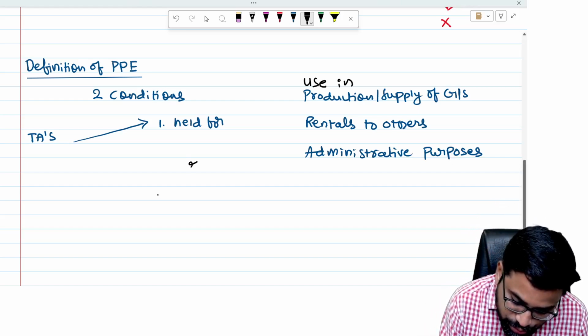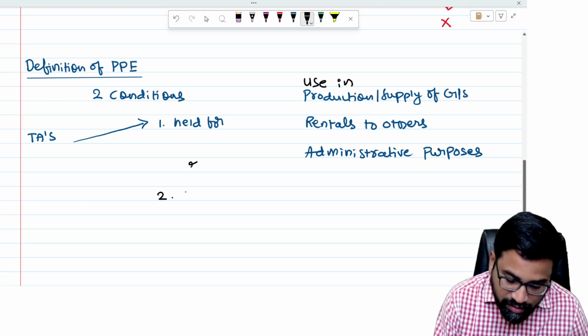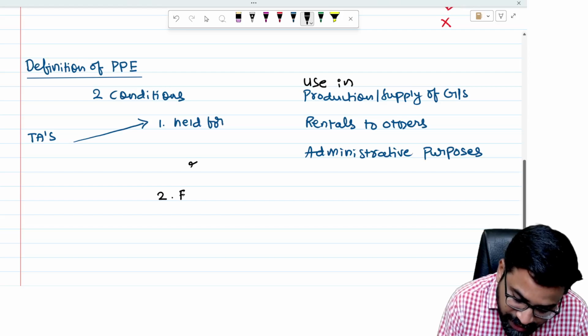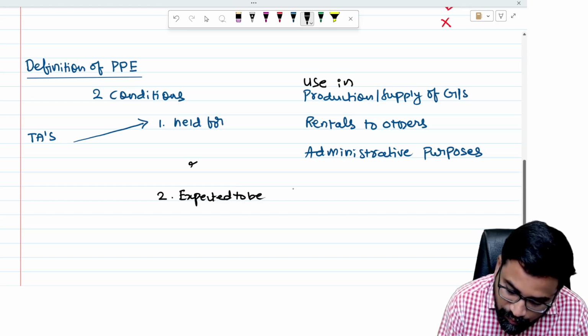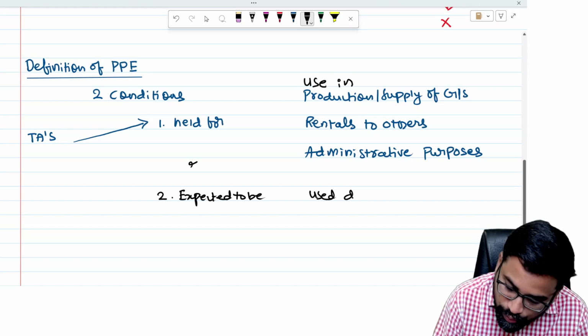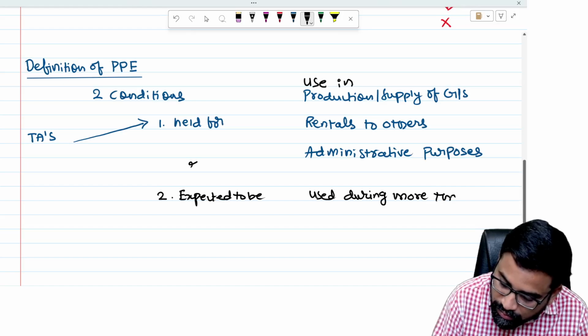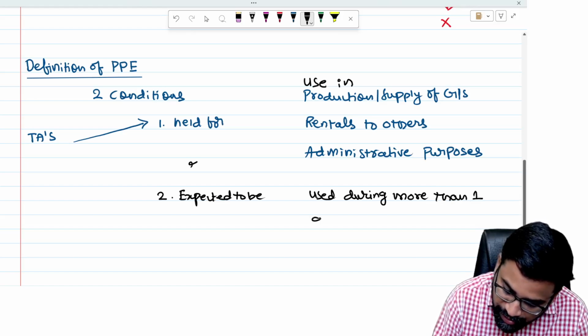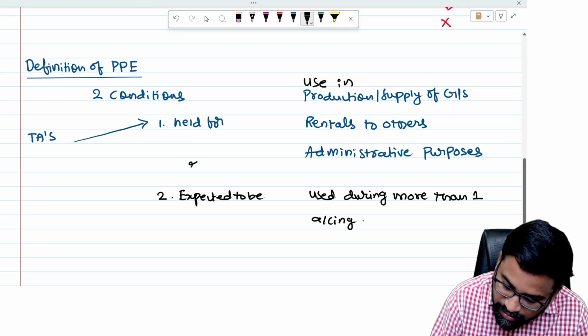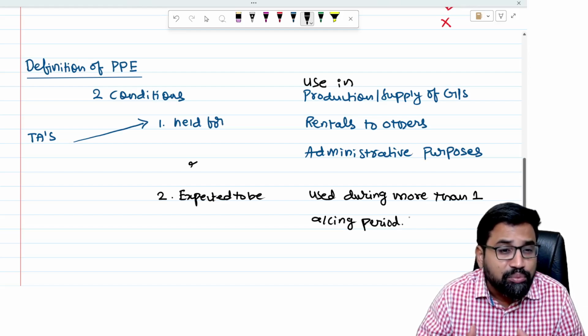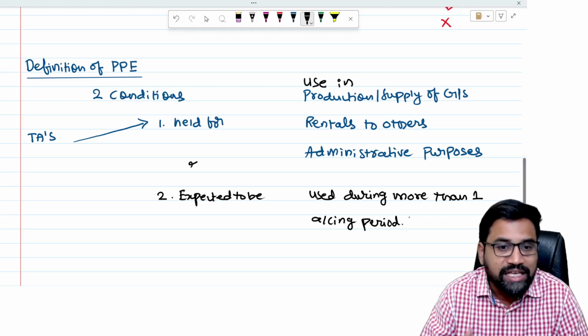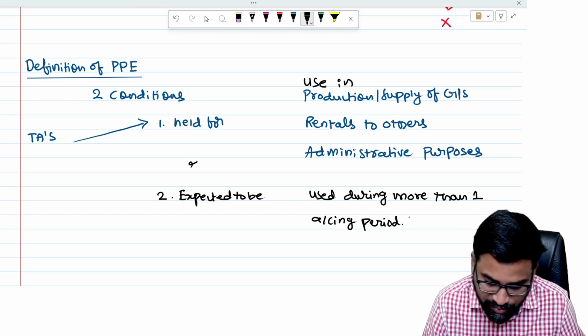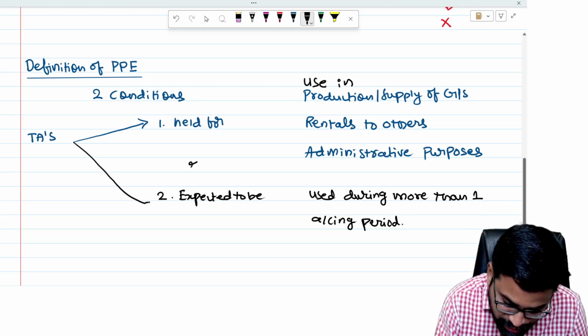And condition number 2, the most important condition: held for and expected to be used during more than one accounting period. Or expected to be used for more than one period, 1 year. Okay, expected to be used for more than 1 year. So this is condition number 2.